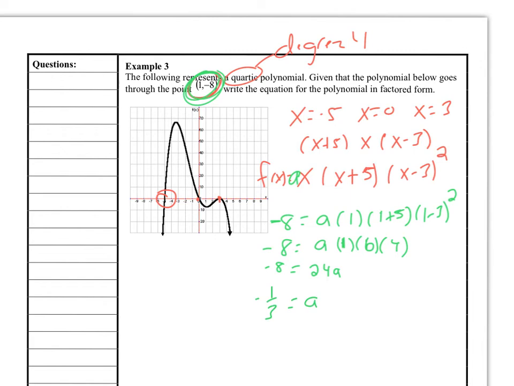You can leave it like that. So now we have to write the equation for f of x: negative 1/3, plug that in for a. Then we have to have our x. So negative 1/3 multiplied by x multiplied by x plus 5 multiplied by x minus 3 squared. And there we have it.